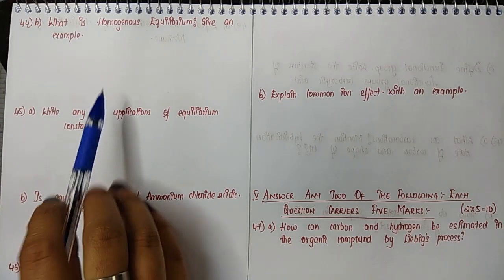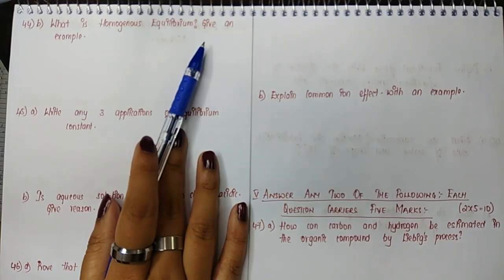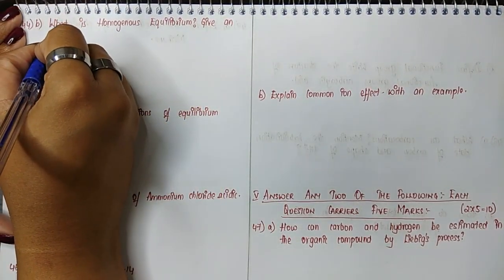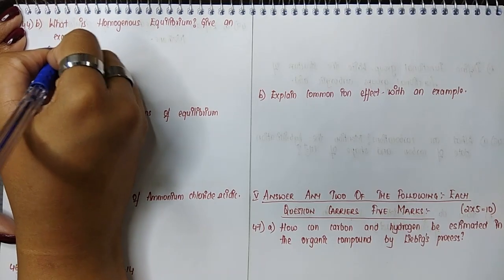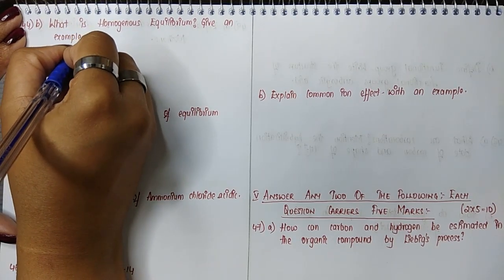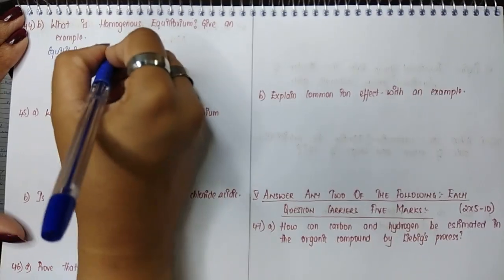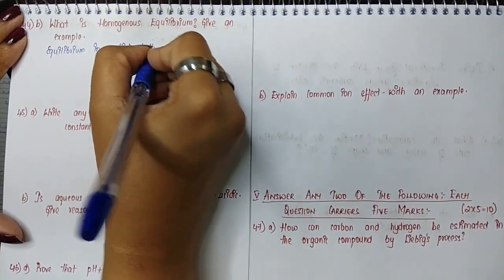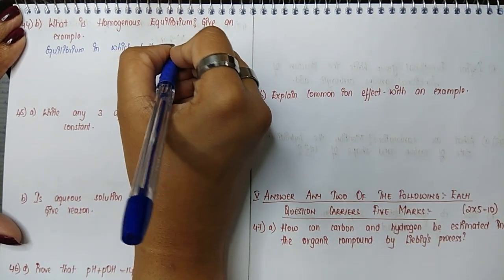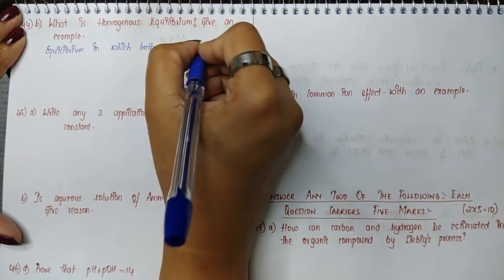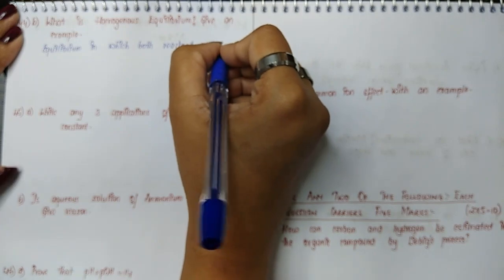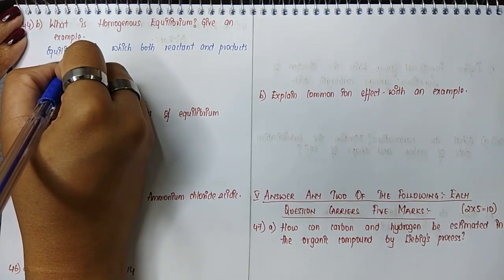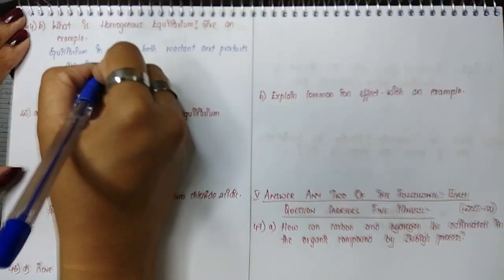So now our next one is the same question, B part. What is homogeneous equilibrium? Give an example. So we can write: equilibrium in which both reactants and products are in the same phase.